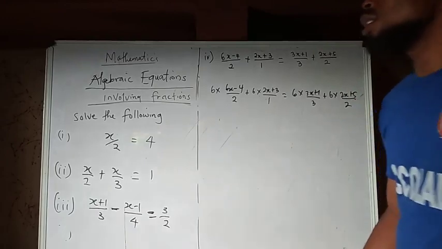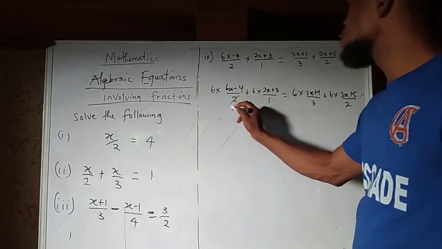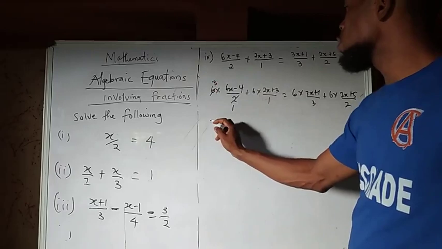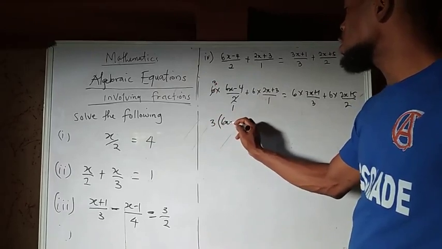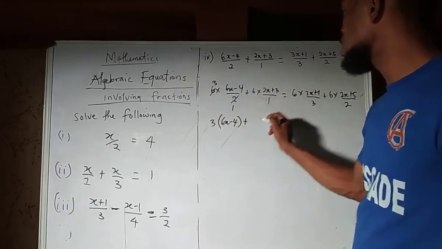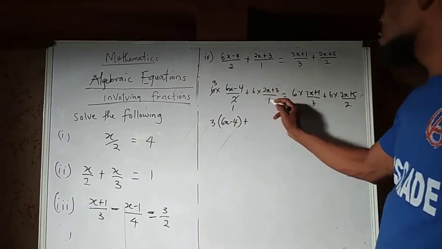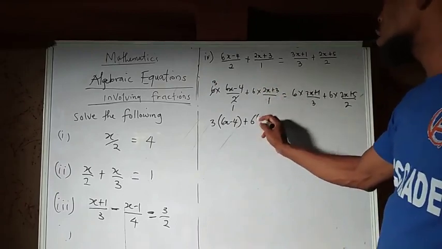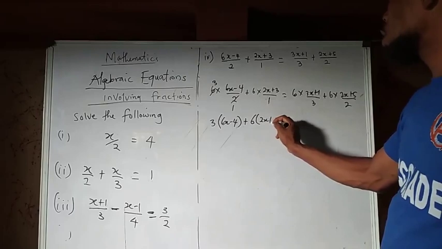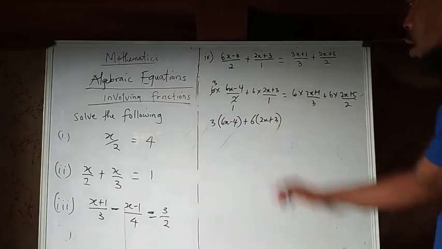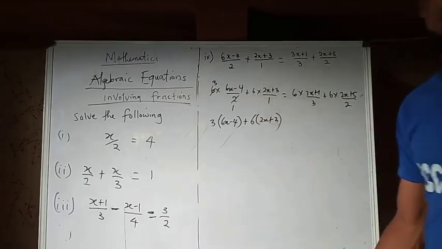Okay, so this is just it. 2 into 6 is 3, so we are going to have 3 into (6x minus 4) plus 1, of course, this cannot be divided, so we just do 6 times (2x plus 3), because even 6 divided by 1 still remains 6.